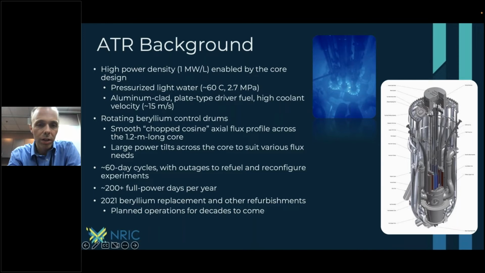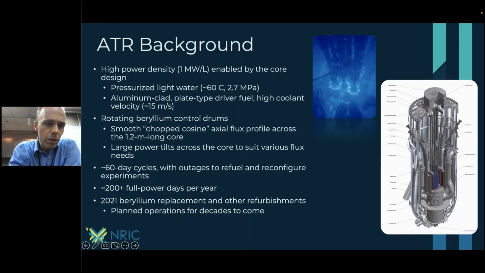It's just a shade under 3 megapascals, and the water temperature is actually quite cool, about the temperature of a bathtub, I suppose, about 60 degrees Celsius. It has aluminum-clad plate-type driver fuel and very high coolant velocity, upwards of 15 meters per second. So essentially, the whole machine is designed for this high power density. And you see it all over in the design of the driver fuel and its primary coolant system.